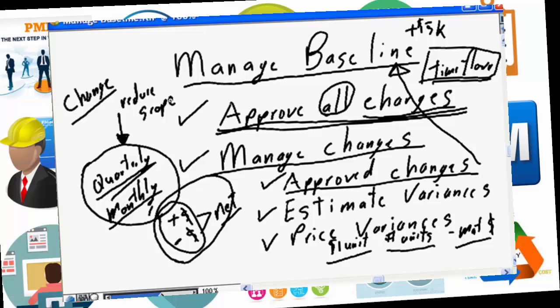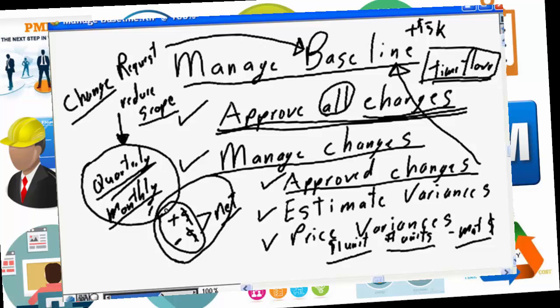Because you are now changing the scope for the project, you now have a change request. And the same as business originated approved changes, you now have an approved change, which in fact is going to change the project baseline. The change request for reducing scope is going to allow you to deliver your cost baseline within the original plan, but the reduced scope is going to change the scope baseline.